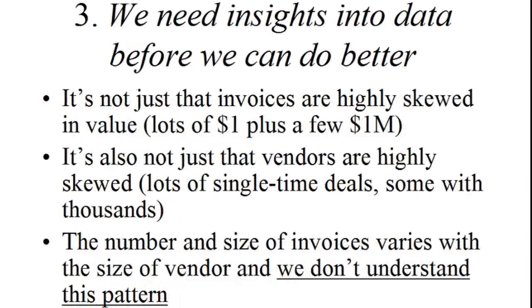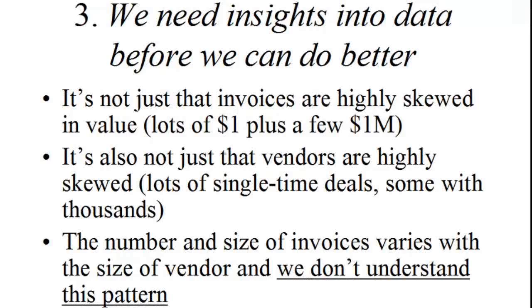So as I was saying, we need more insight into this data pattern before we can even hope to devise a better sampling plan. Our objective for today, just to reiterate, is not to do a new sampling plan, but just to look at the data in a new way and to realize that there's something going on here that we haven't understood very well and we need to understand. It's not just that the range of values goes from $1 to $1 million. And it's not just that vendors go from single-time vendors to vendors with thousands of transactions.